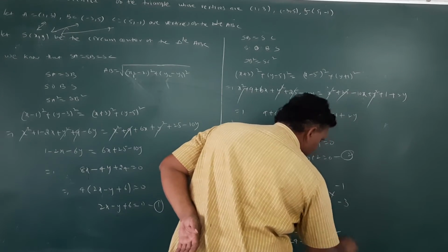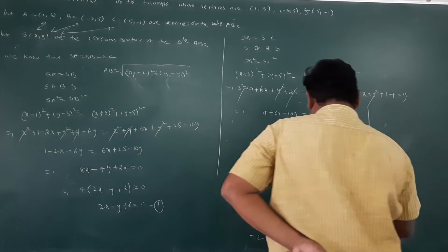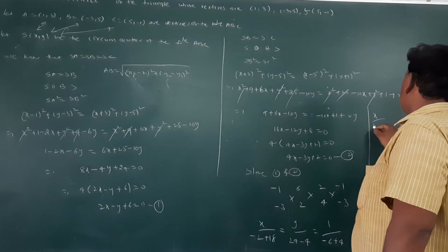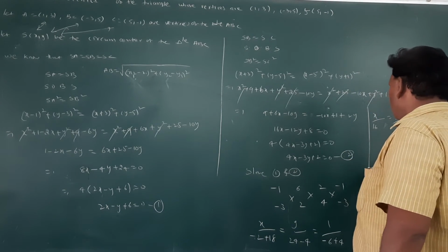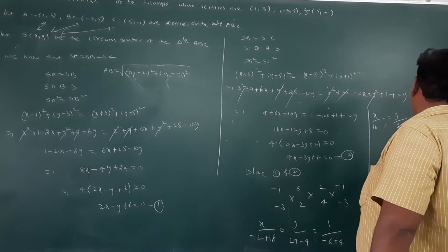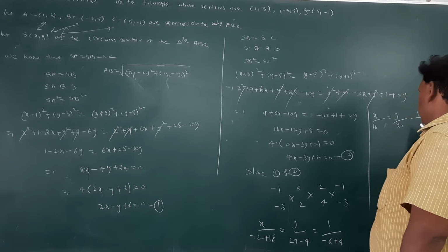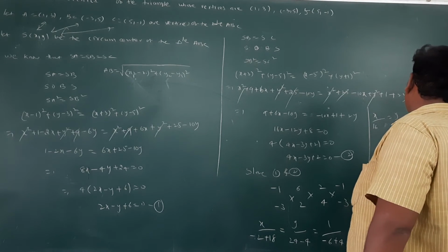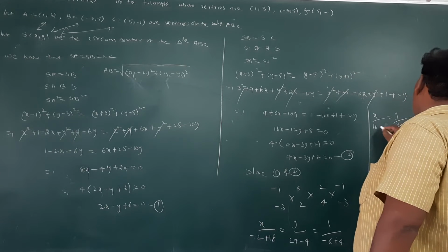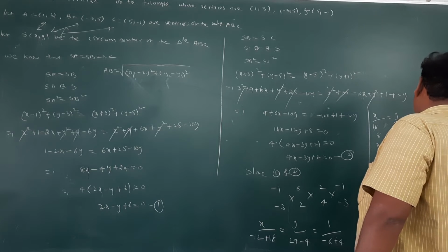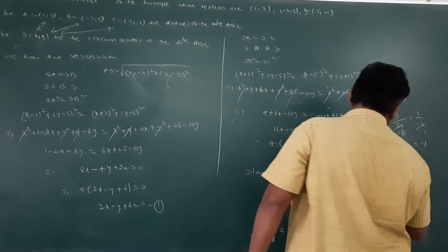Minus into minus is plus. So x by 18 minus 2, 16, is equal to y by 24 minus 4, 20, is equal to 1 by minus 6 minus 2 plus 4, minus 2. Dividing by 2: 8, 10, so x by 8 is equal to y by 10 is equal to minus 1.